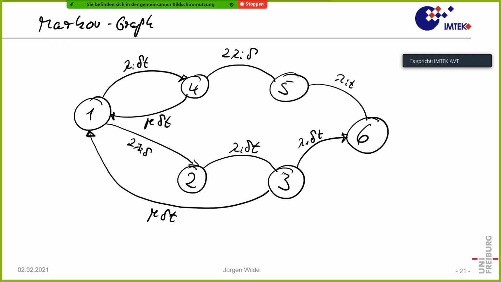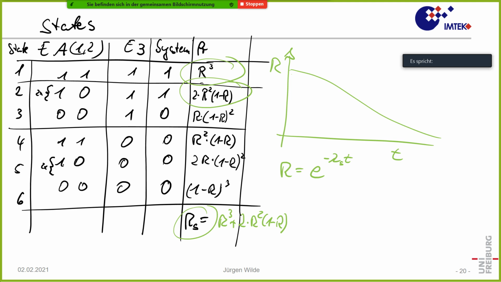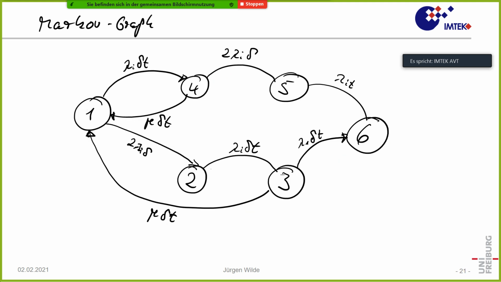From which state 2 to? Yes, what did I say? We go from 2 to 3, and we can also go from 2 to 5. Yes, you are right.